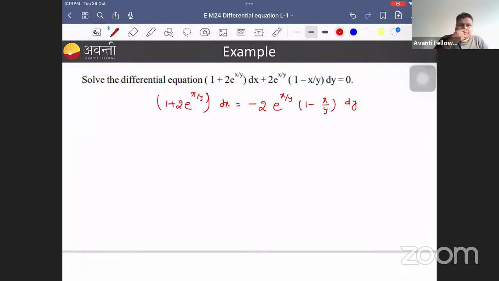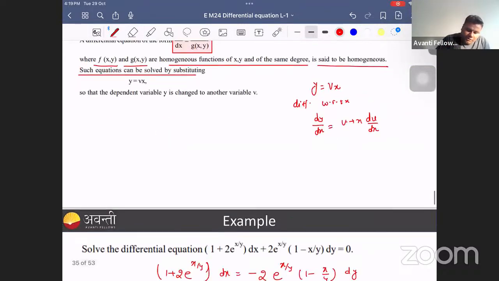Got it? Sometimes you may have to use substitution like x = vy. In that case, dx/dy is replaced as v + y dv/dy. Yes or no?